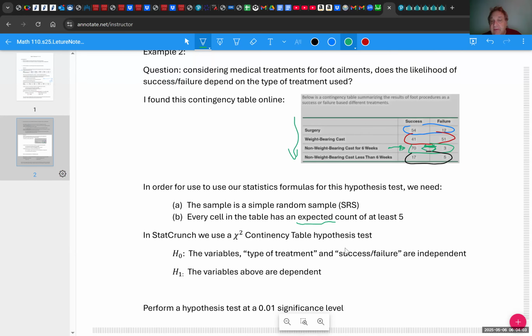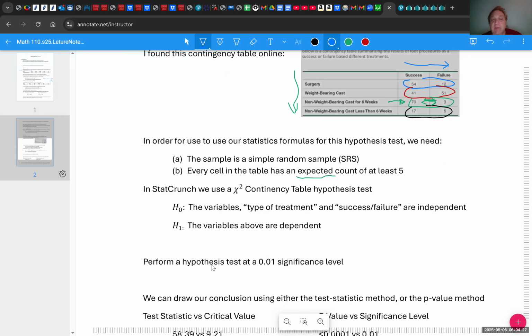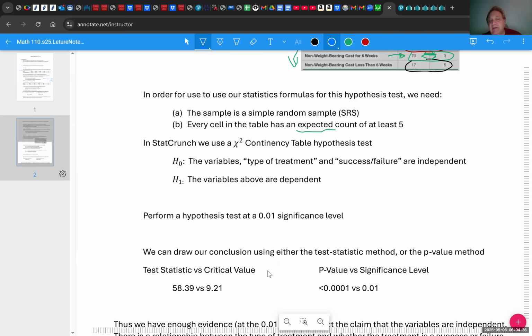We want to see, the null hypothesis says they're independent, and the alternative is they're not independent, they're dependent, and we want to see if we have enough evidence to refute the null hypothesis in favor of the alternative hypothesis. We're going to perform a hypothesis test with a 0.01 significance level. Once again, we can do our conclusion based on either the test statistic method or the p-value method.